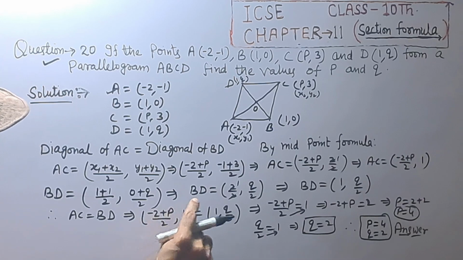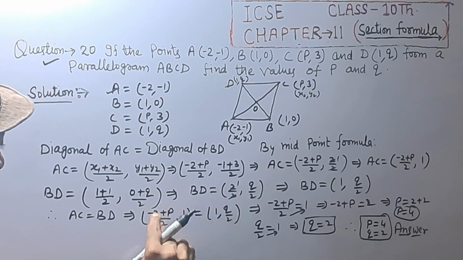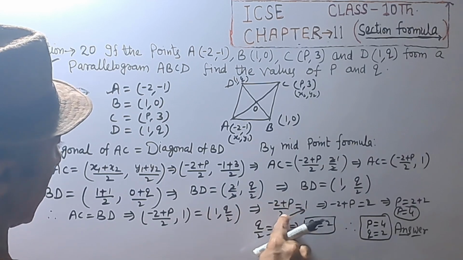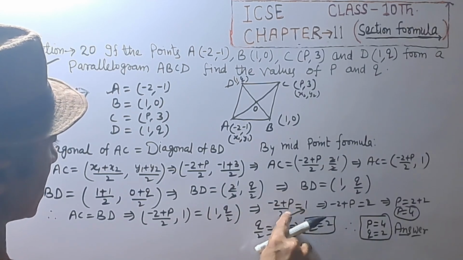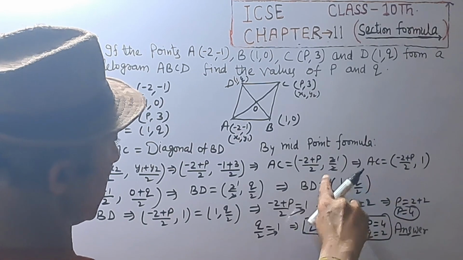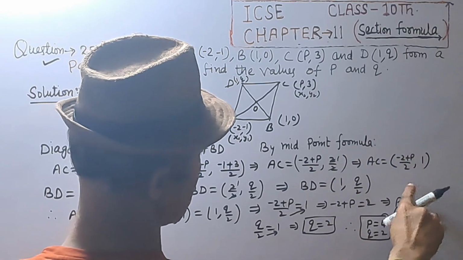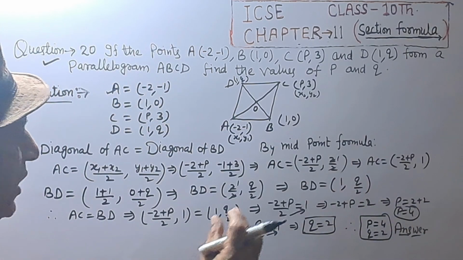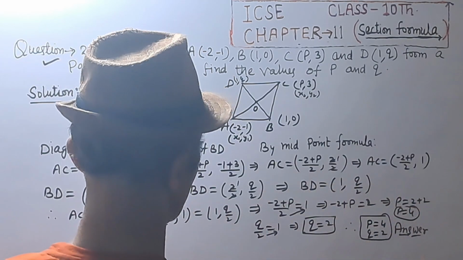First point: (-2 plus p) upon 2 is equal to 1, and 2 multiplied by 1 is equal to 2. -2 plus p is equal to 2, and -2 shifting to the right side will be positive, and 2 plus 2 we get 4, so the value of p is equal to 4.